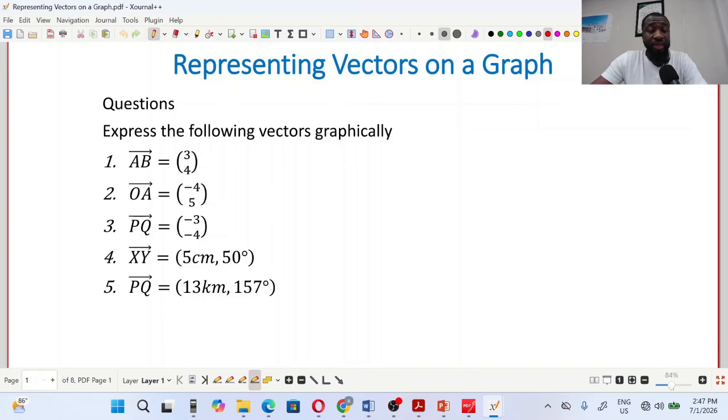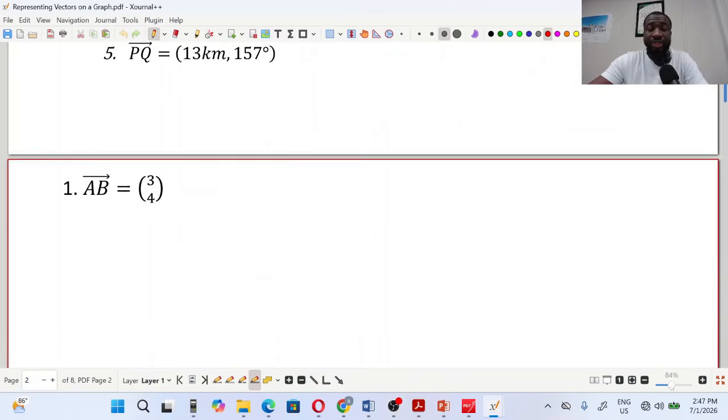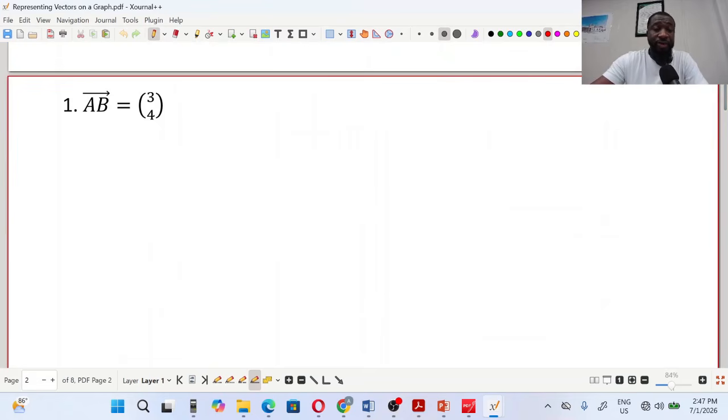So we have vector AB equal to 3 and 4. So let's see how we represent this particular vector on a graph. First of all, I'm going to draw my Cartesian plane.